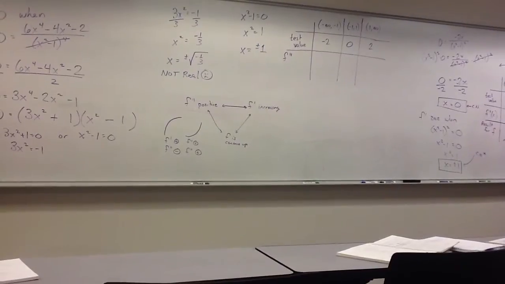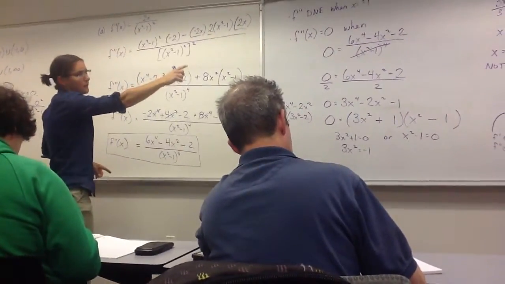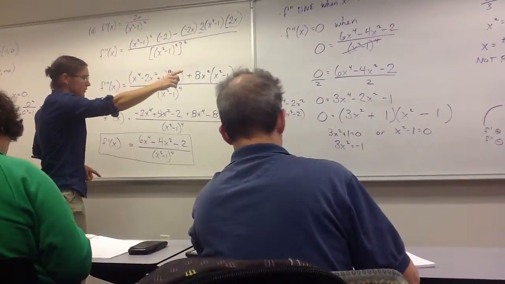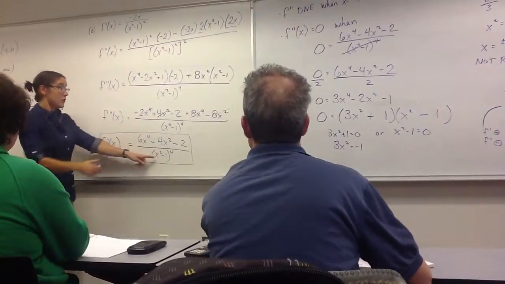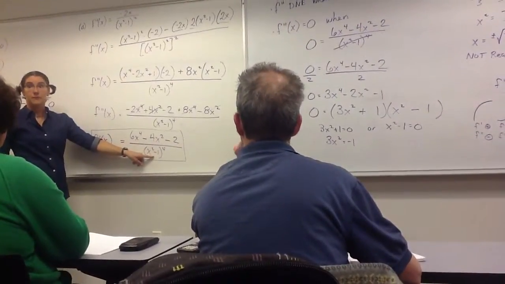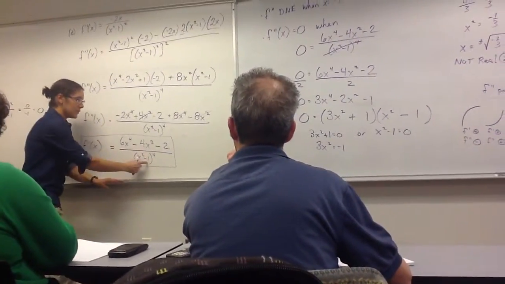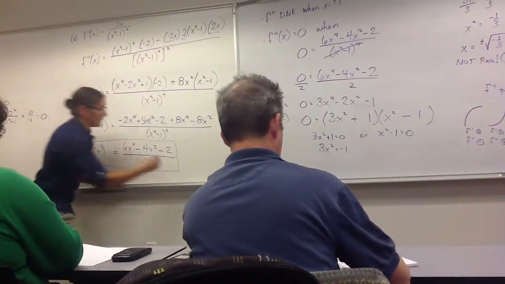Thinking about these numbers, I might crunch them in a calculator, but I'm going to look at this and say, no matter what, my denominator is always positive, because whatever number we plug in, we're raising it to the 4th power. So our denominator is always positive.